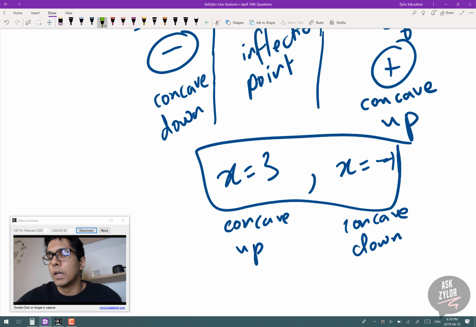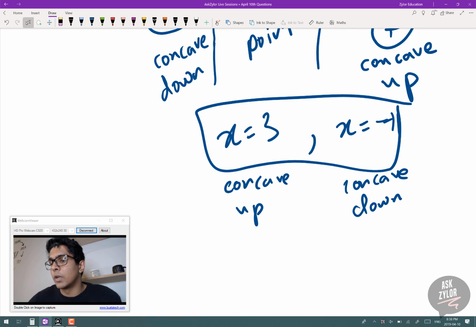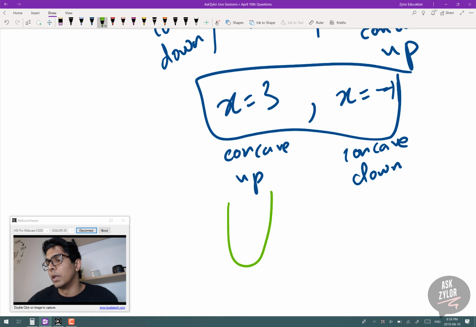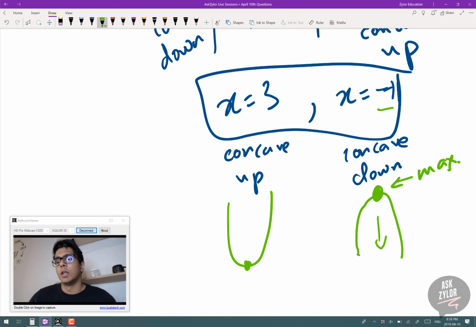If we look back at what each of these mean, if it's concave up, that means it's opening upwards. If it's concave down, my curve will be opening downwards. That tells me if it's concave down and I have a critical point at negative 1, it's going to be a maximum. And if I have a concave up, that means I have a minimum.